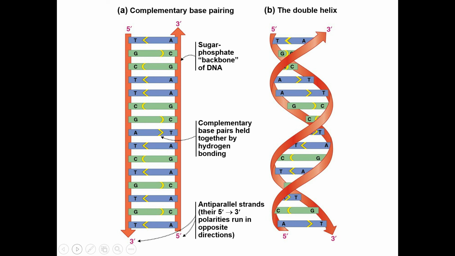The term for this is anti-parallel. You should recall that. Basically, one strand is going in one direction, the other strand is going in the opposite direction. One's oriented 5' to 3' in one direction, the other's oriented 5' to 3' in the opposite direction.